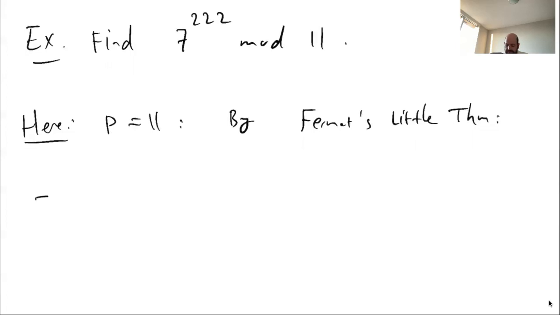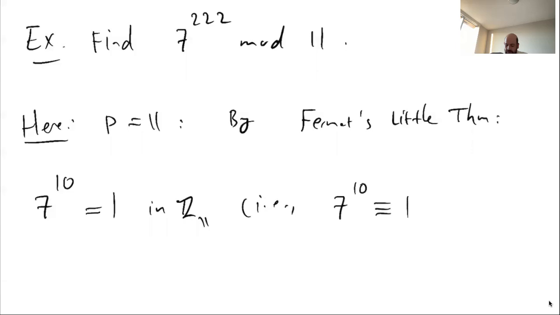I can say that 7 to the power 10 equals 1 in Z_11, i.e. 7 to the power 10 is congruent to 1 mod 11, right?